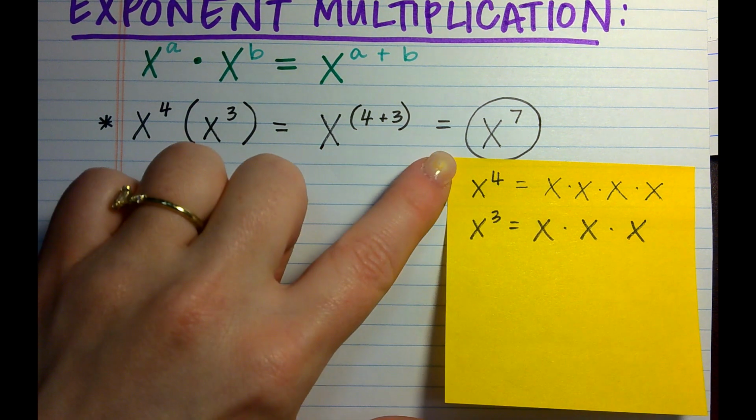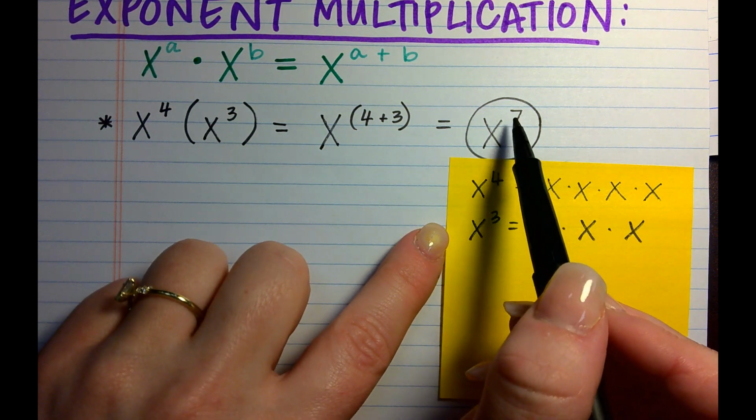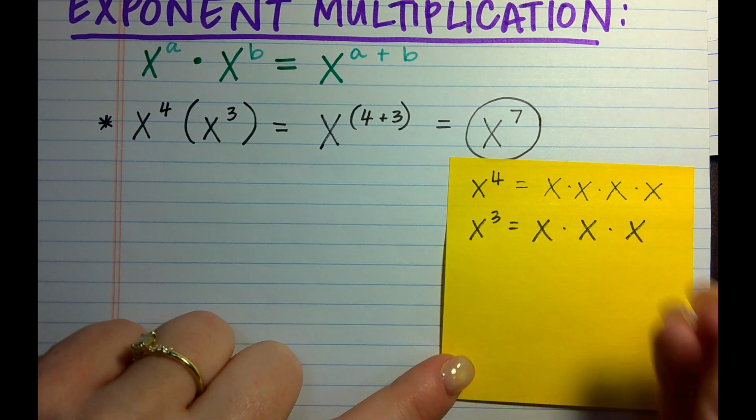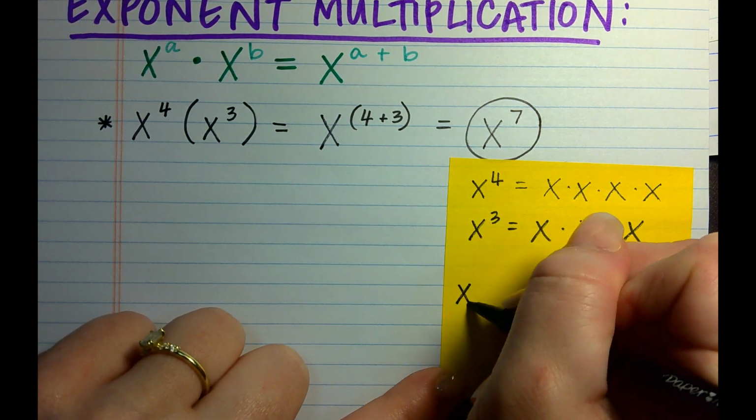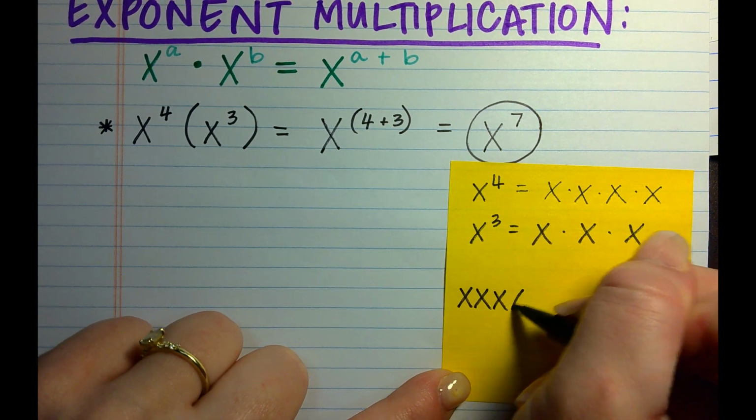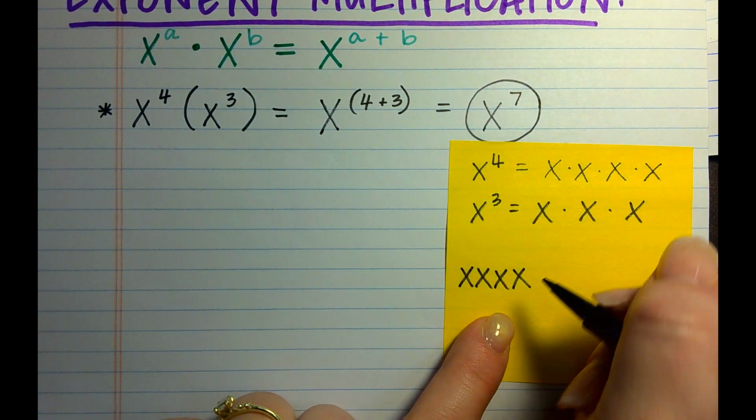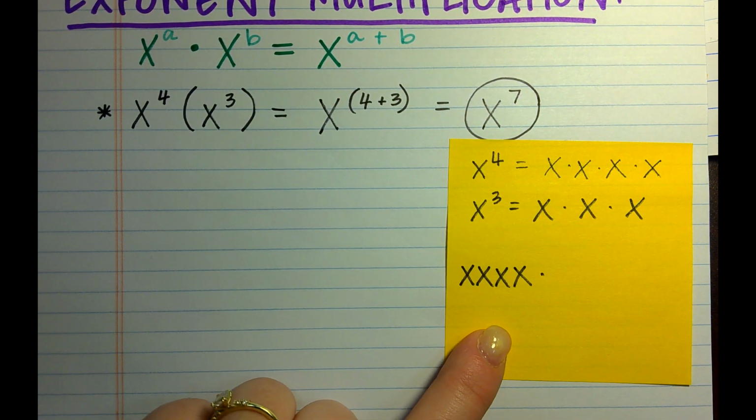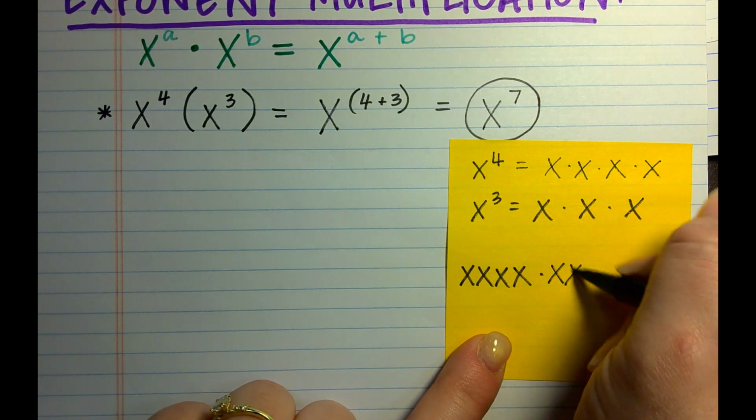That's a mistake a lot of us would make, is x to the 12th. It's actually the 7th, and I'll show you why. If I take x, x, x, x, there's my x to the 4th, times x to the 3rd.